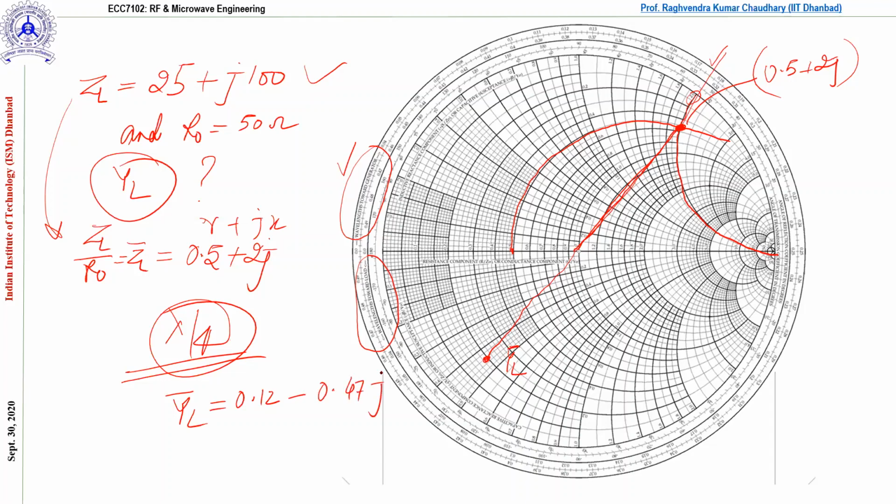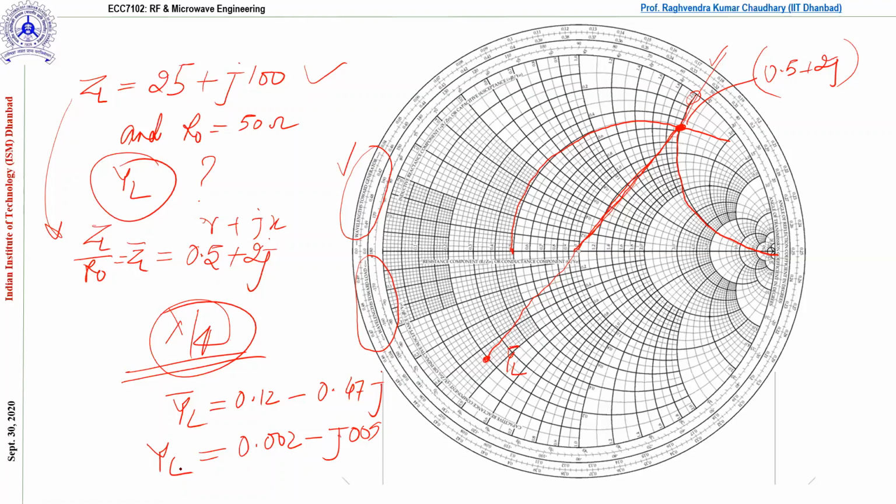And we need to divide these things again, so yl will be 0.002 minus j0.009. Fine. In this way you can find your yl.